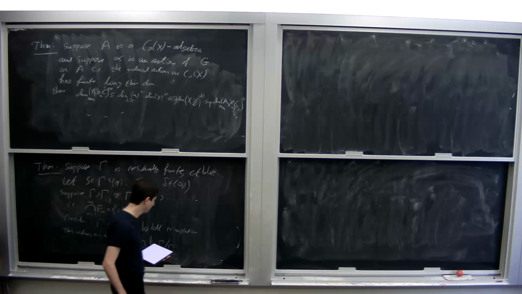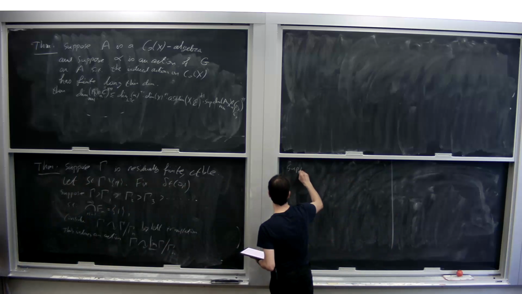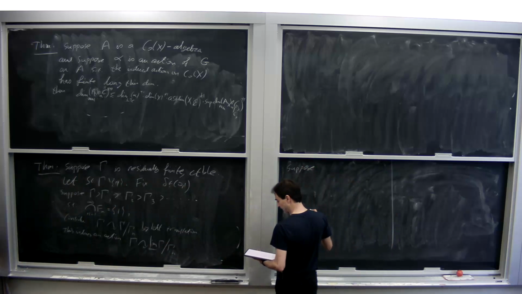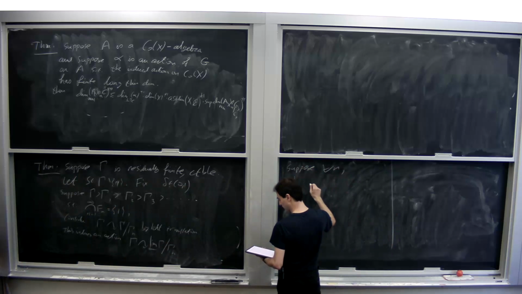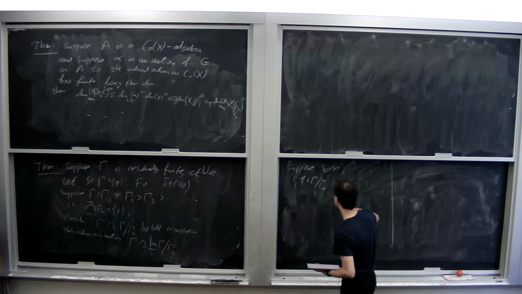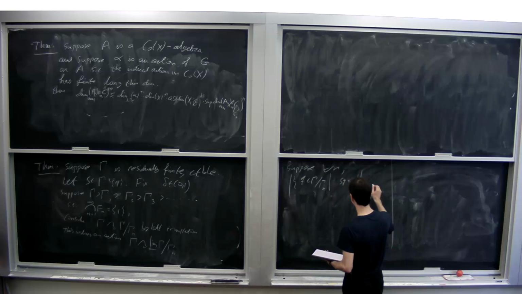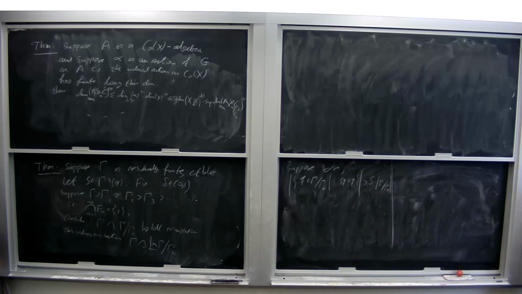So the theorem here is, suppose we have this fixed element S and this fixed delta. Suppose that for any n, the set of all elements Q in gamma mod gamma n such that SQ is Q has cardinality at least delta times the cardinality of this quotient.